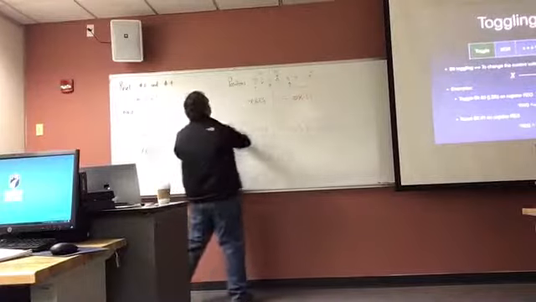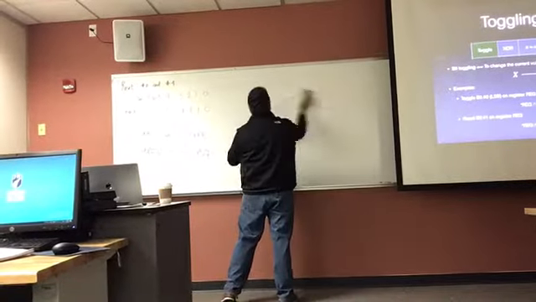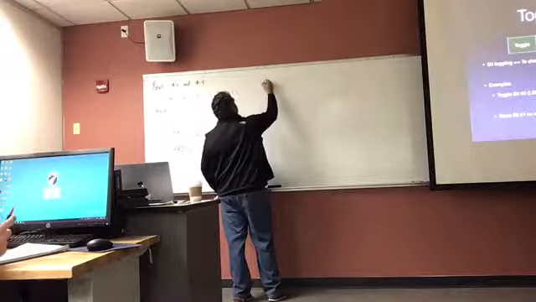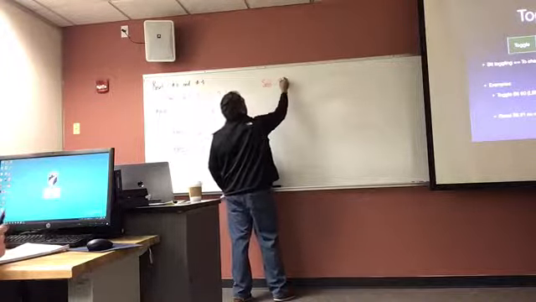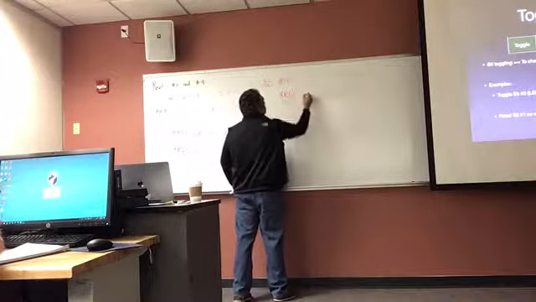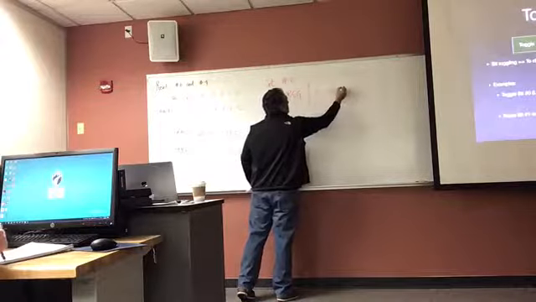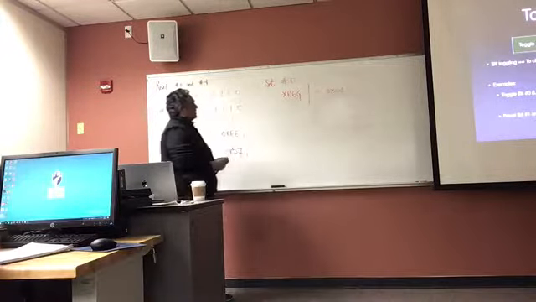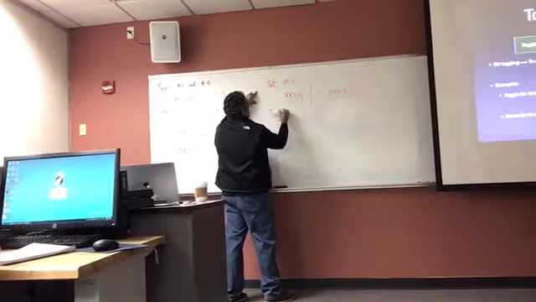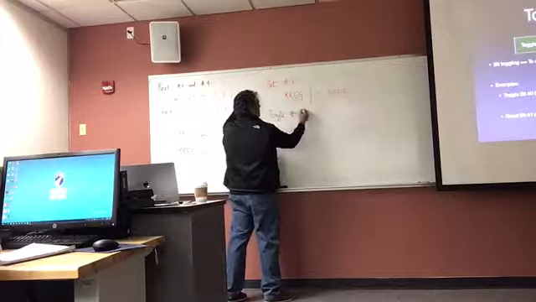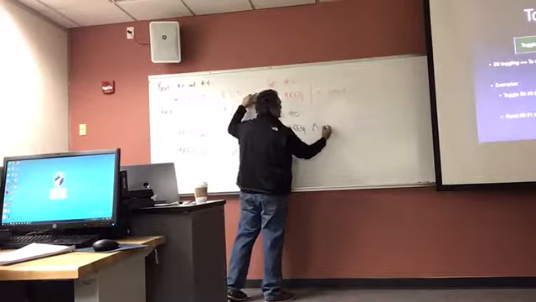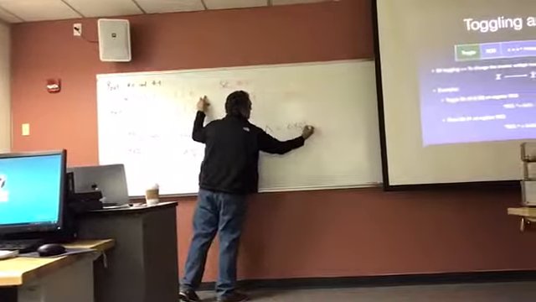So if we put those two together, as a reminder, if you want to set bit number 0, the operation is reg set bit 0. See that? And if you want to toggle bit 0, you're going to have reg toggle save bit 0.